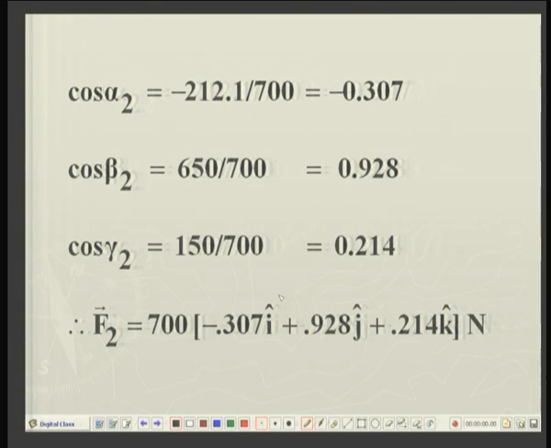So, we will have F2 as the magnitude times cosine alpha i plus cosine beta j plus cosine gamma k. So, 700 into minus 0.307 i, 0.928 j, 0.214 k. So, this is the final expression for the force F2.